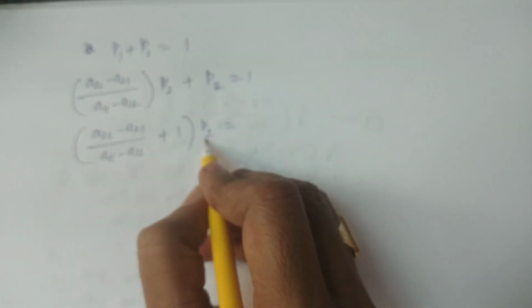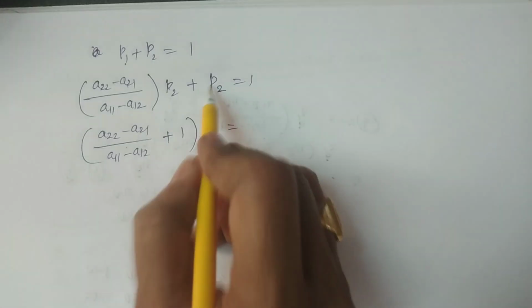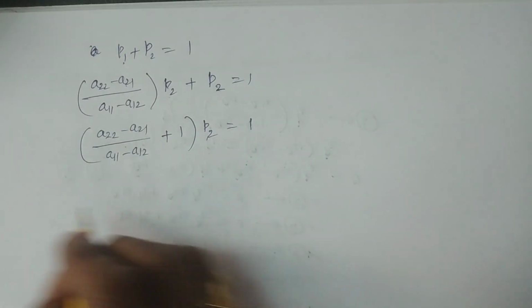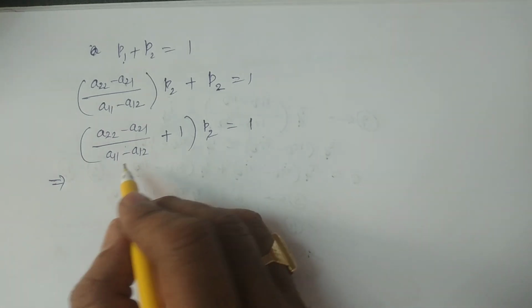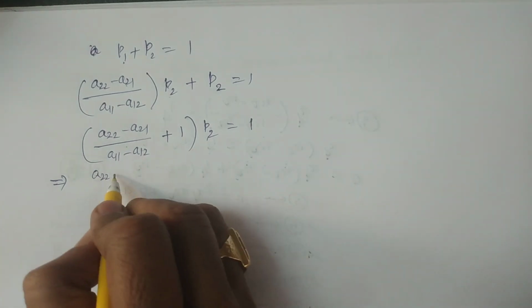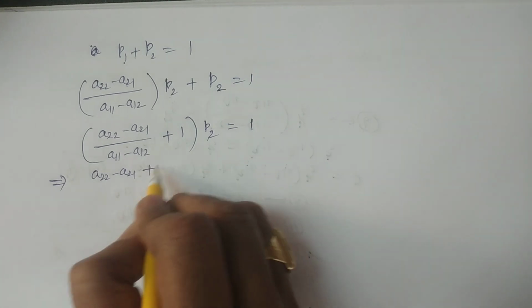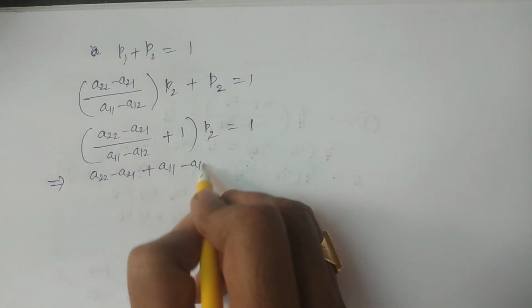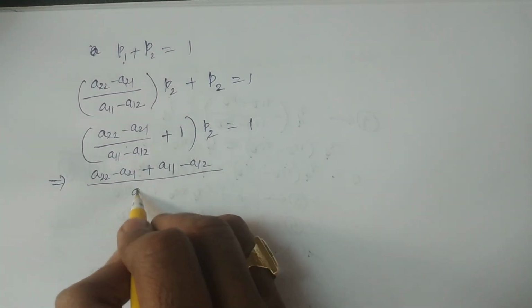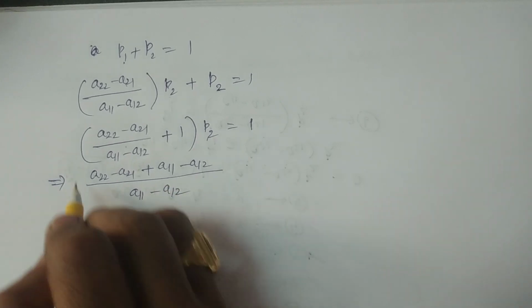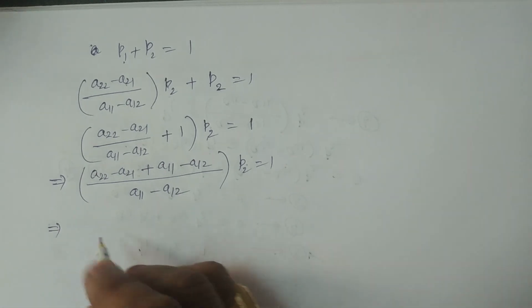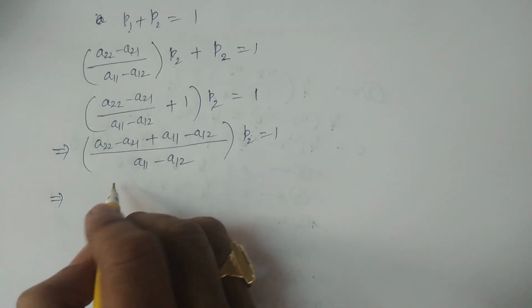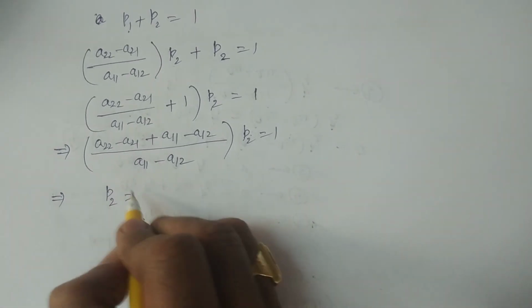P2 we have taken common here, this particular value plus 1 is equal to 1. Which implies, now you take the LCM, so that (A22 minus A21 plus A11 minus A12) divided by (A11 minus A12) multiplied by P2 is equal to 1, which implies now I calculate the value of P2.